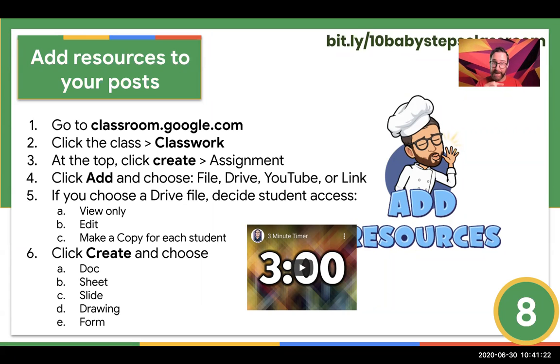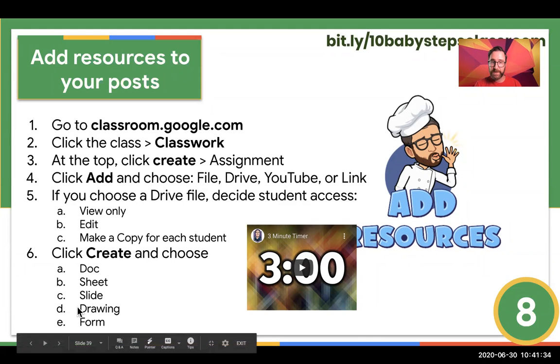And then you use that add button at the bottom to add a file, drive, document, YouTube link, or a link to a website. You can also create any of those docs, sheets, slides, drawings, forms on the fly for that assignment.